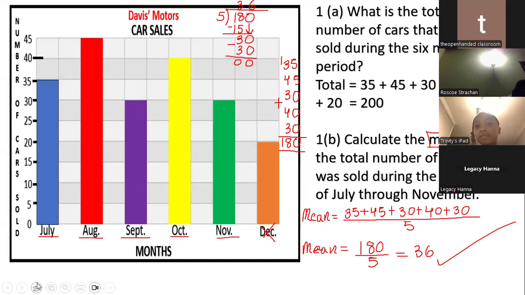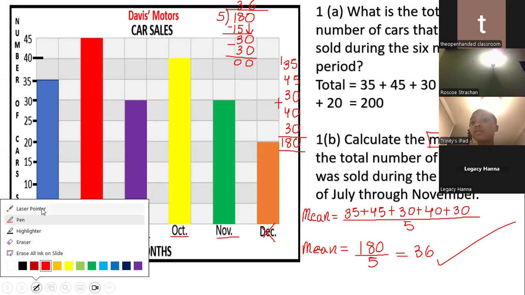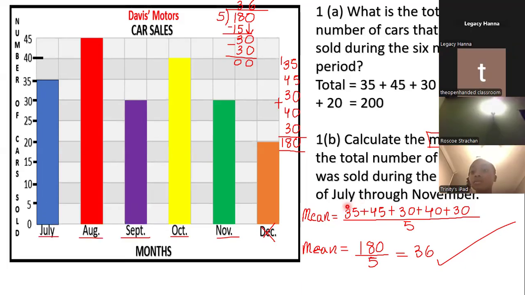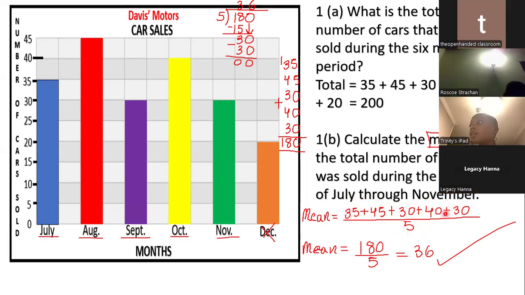And the formula for the mean is that you add up all of the numbers and then divide it by the number of months that you have. Now they say they only want it from July to November. So how many months is that, Trinity? 5 months. That's why we divide it by 5. So we have to add it and then divide it by the number of months because we're trying to find the mean. All right. Yes, sir. Okay, good.